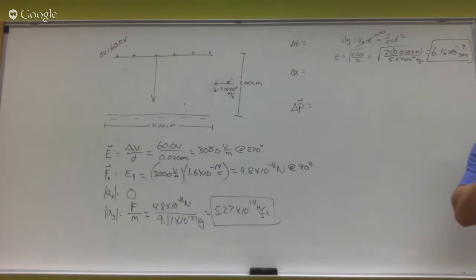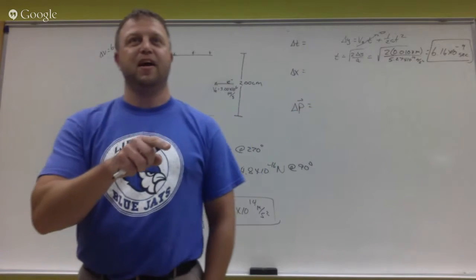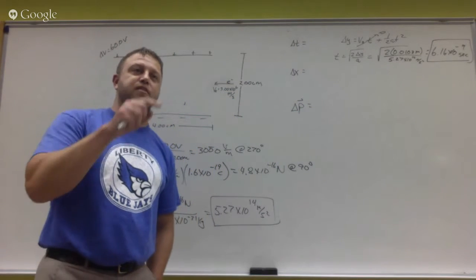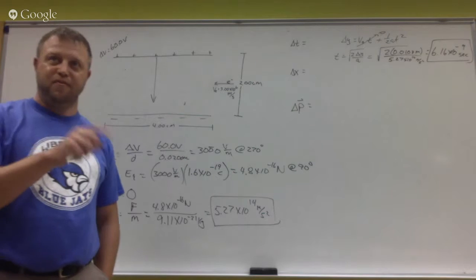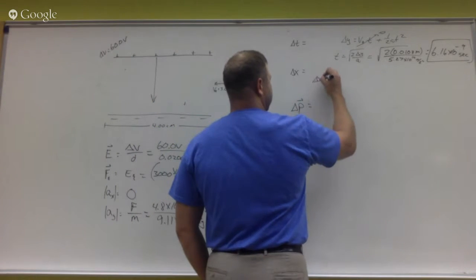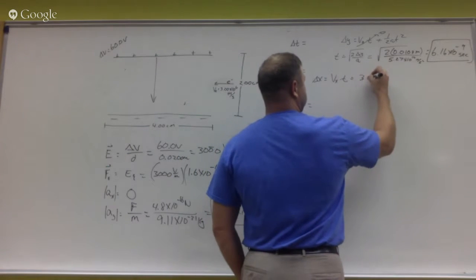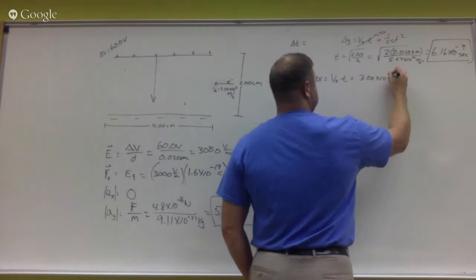Delta X, just like on the projectile, folks. If I want delta X, I need to use V of X. And since V of X is constant, V equals X over T, right? Delta X equals V of X times T. Times 10⁶ meters per second.